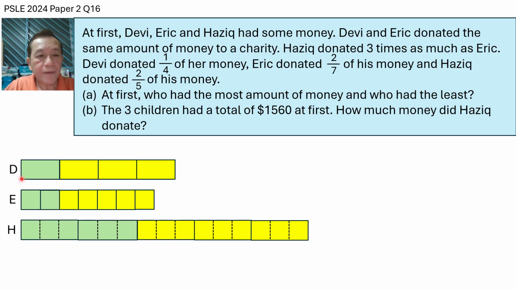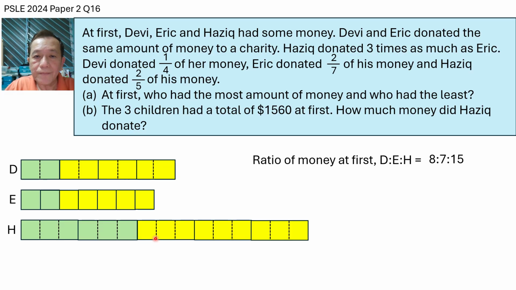We should subdivide for Devi as well, so that we can find the ratio of money at first. Devi should be 8, Eric 7, and Haziq 15.